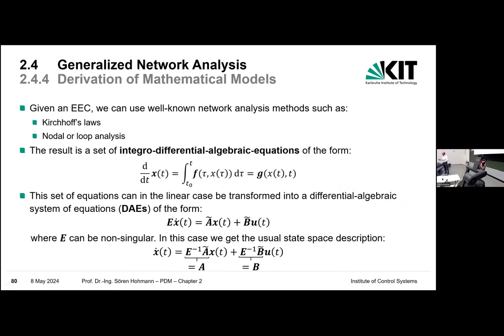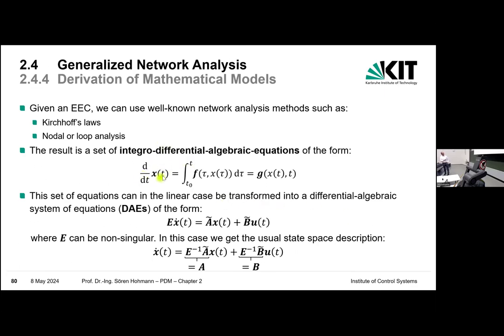So the mathematical object of such an equivalent circuit or bond graph is just a differential algebraic integral equation. It's solvable and unsolvable. And if I write it down in the most general form, it looks like this.